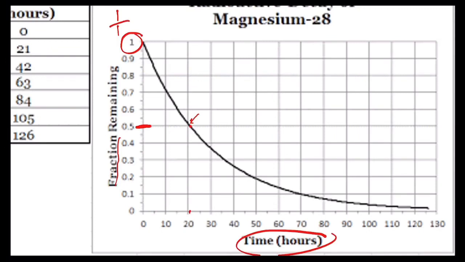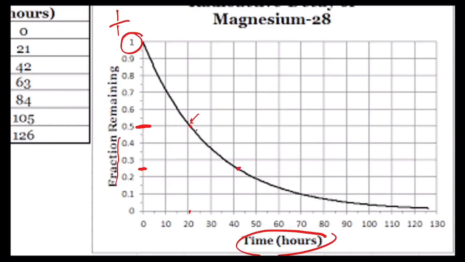Also notice that if you look at the second half-life that passes, so 21 more hours, we end up at the 42. So after the second half-life passes, we'll have 0.25 or 1/4 of the original sample. So if you look at where that point is on the curve, you'll notice it's at 42.